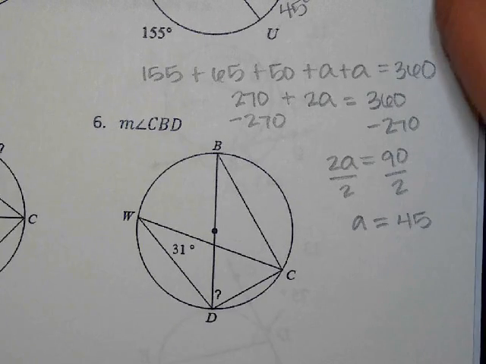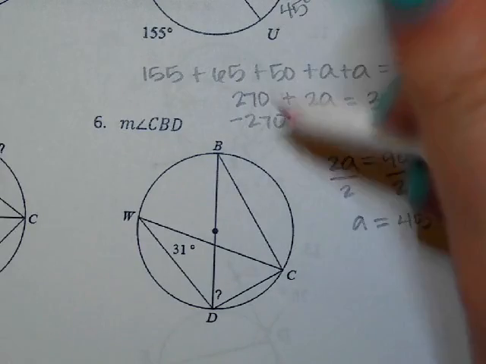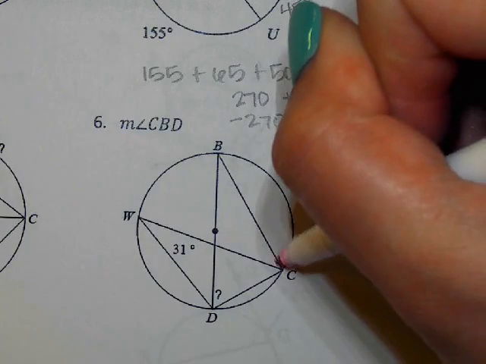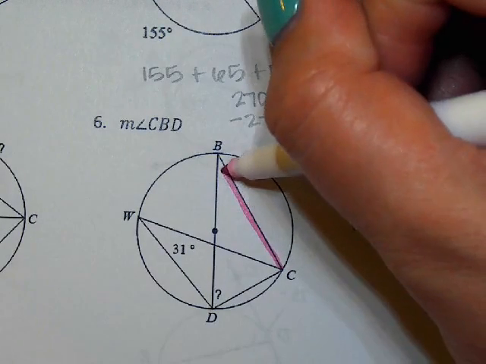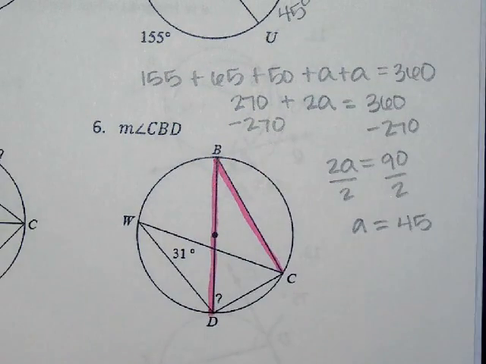Okay. So I'm going to start from C to B to D. C to B to D. So for me, tracing out what I'm finding with my marker is a good first step. That's how I'm always going to start. And the arc and the angle are always key in these problems.